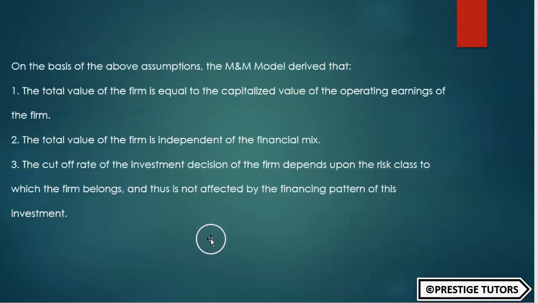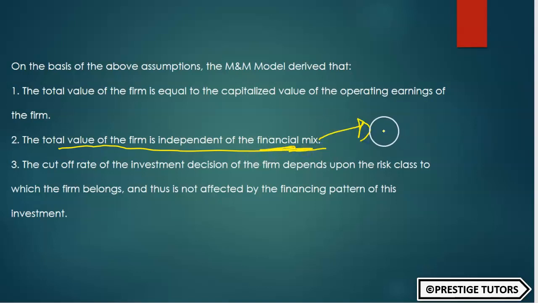Now, the value of the firm is equal to capitalized value. The total value of the firm, according to M&M, is independent of the financial mix. What do you mean by that? The value that you have as a firm has nothing to do with the financial mix.